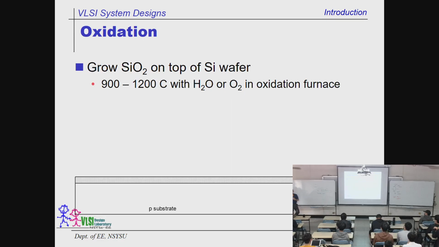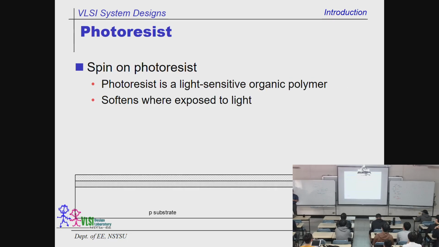To grow the silicon oxide is called oxidation. The temperature is 900 to 1200 degrees Celsius, using a spray of water or high density oxygen in the furnace. Then a single layer will be grown on top of the substrate.